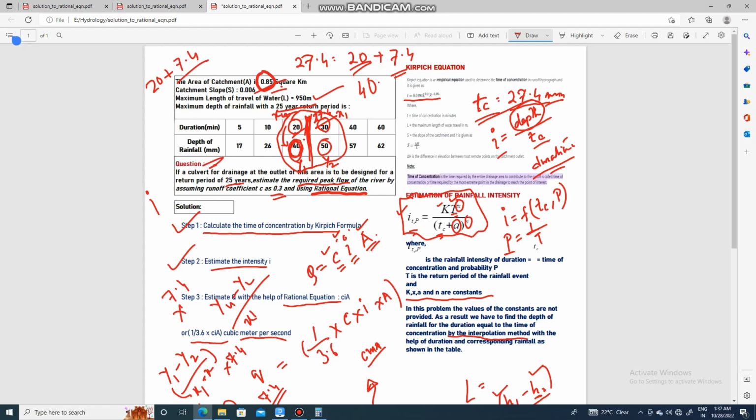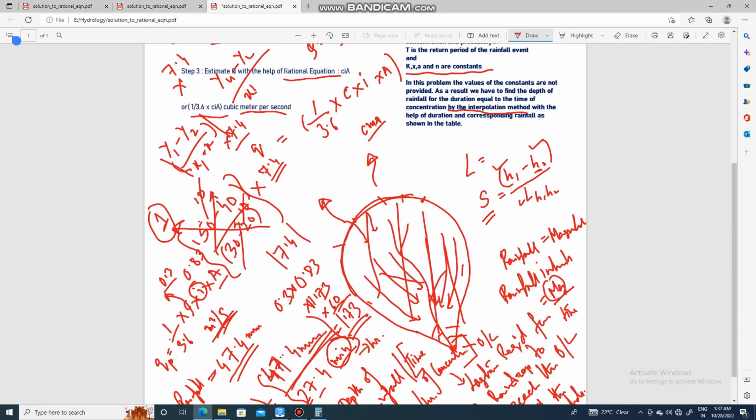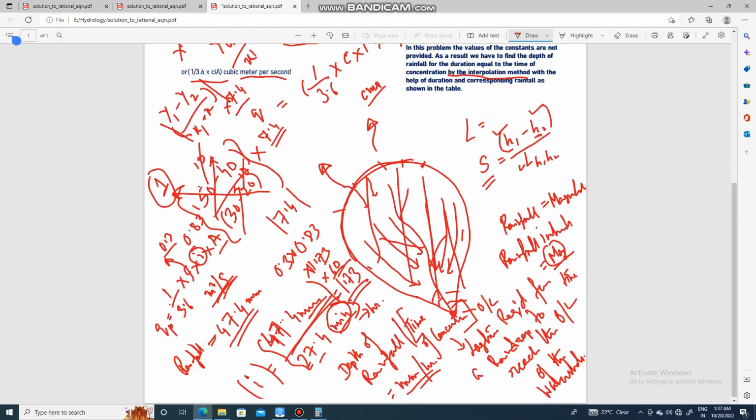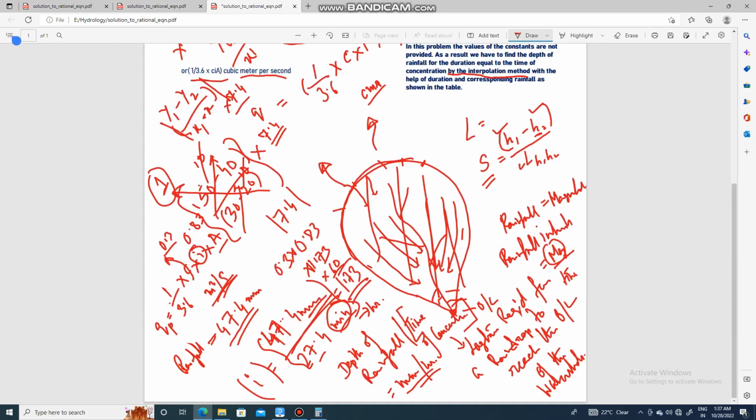By this way, this is our slope. Multiply with 7.4, and you get the depth of rainfall for the duration 27.4. Correct?